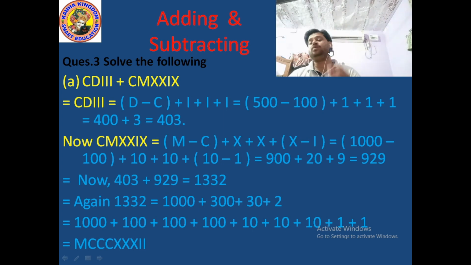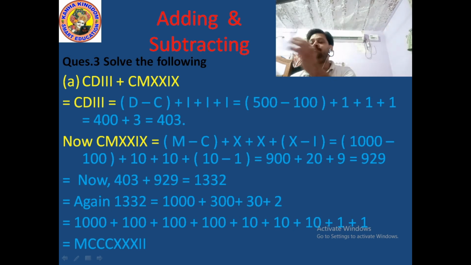M equals 1000, C equals 100, so 1000 minus 100 equals 900.